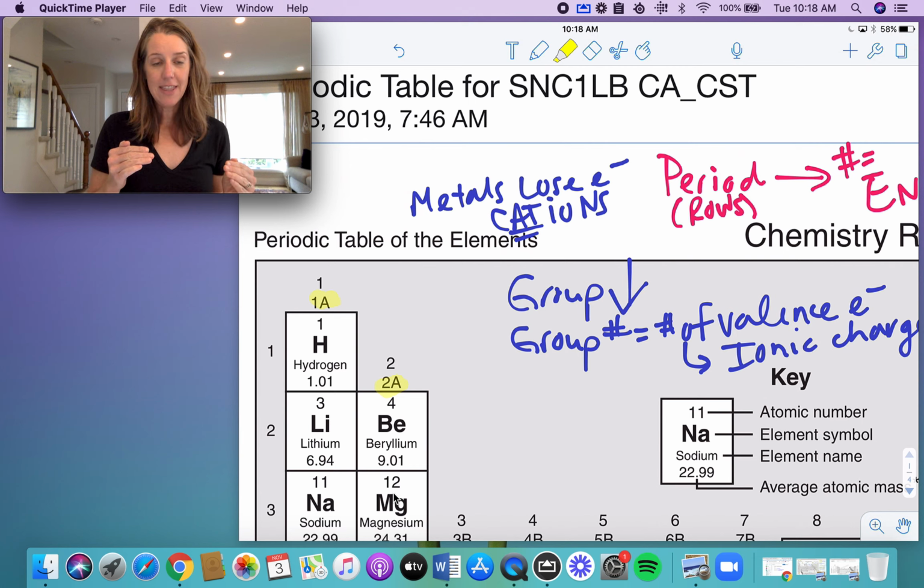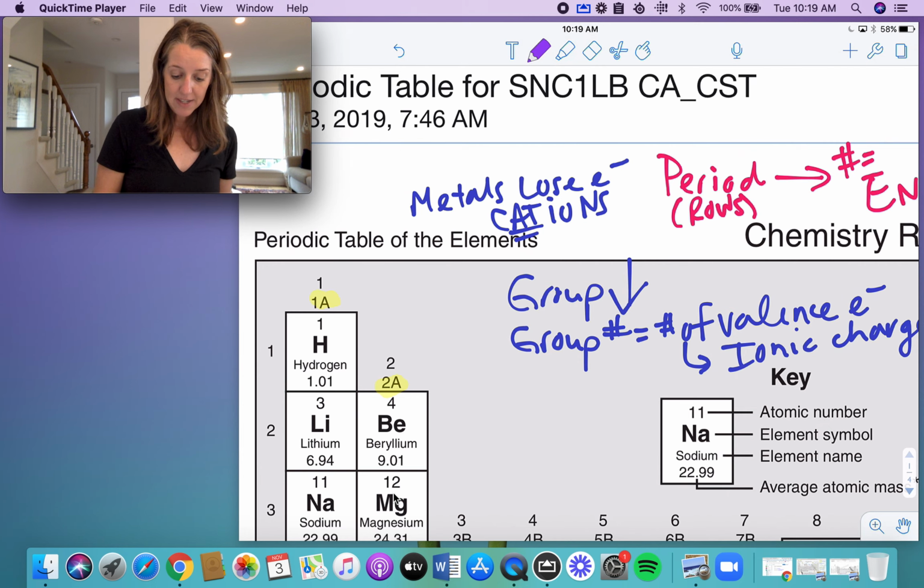We remember that an atom wants to become stable. And when it transfers from an atom to an ion, remember an ion is just a charged atom. So is an ion an atom? Yes, it's an atom with a charge. How do they like to react? They like to react in a way that makes them the most stable.